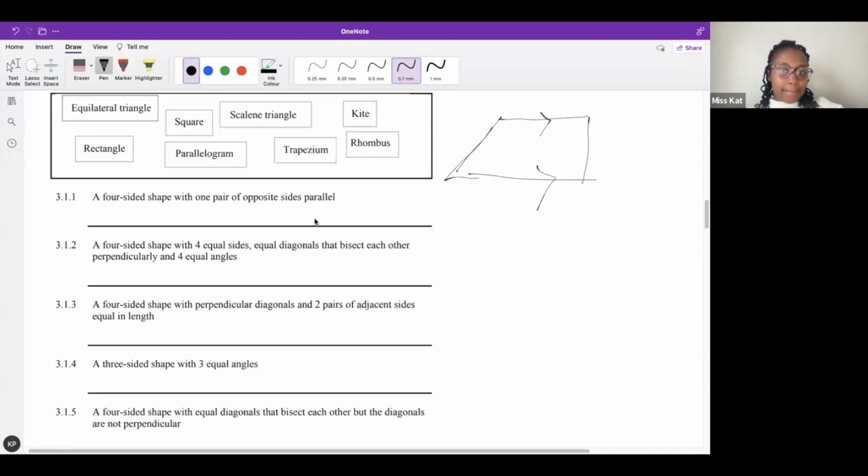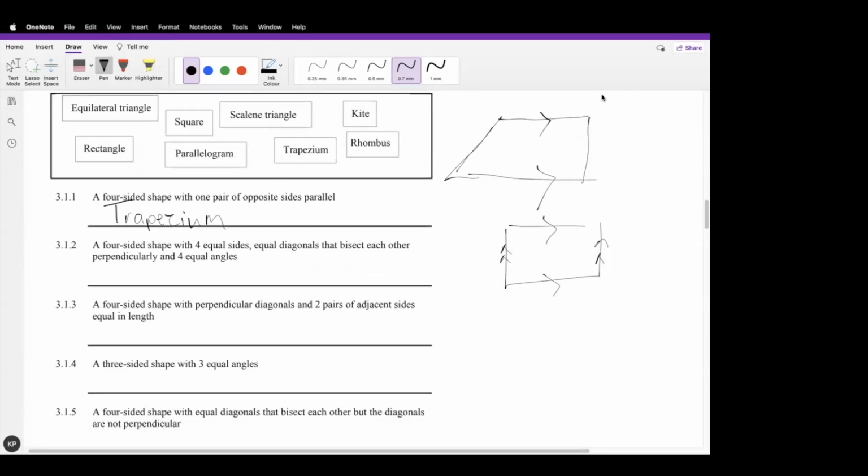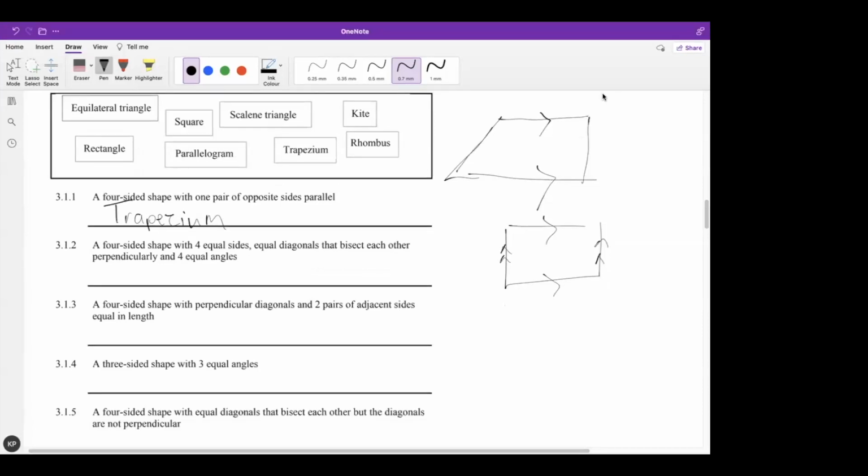The shape is trapezium, ma'am. Thank you, Bokang, beautiful. Trapezium. Thank you very much, Bokang. That was beautiful. Now I just want to let you know that I didn't start with anything as yet. Okay, guys.